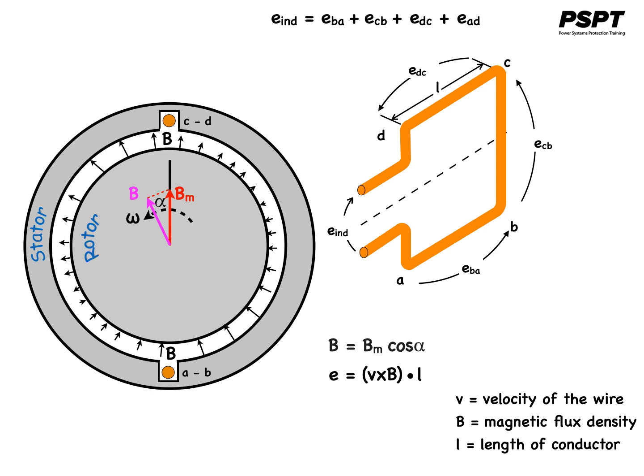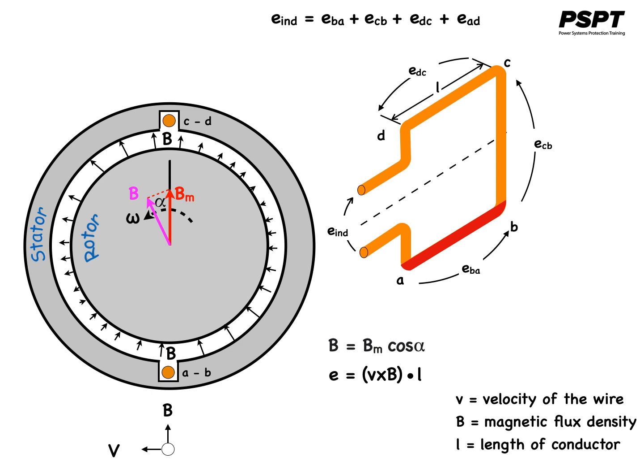The voltage induced in the coil, which we'll call E subscript IND, will be the sum of the voltages induced in each of its four sides: EBA, ECD, EDC, and EAD.